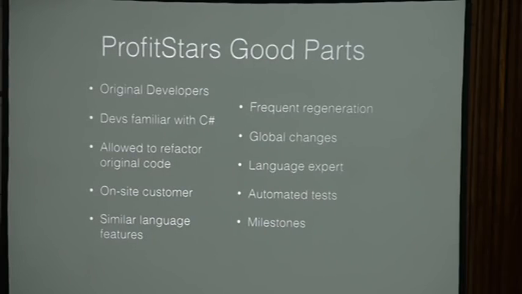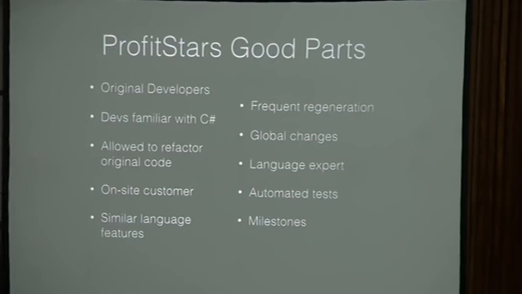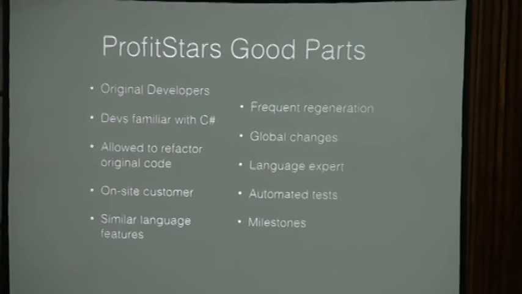So, some of the good parts about the project, some of the things that went well. For a project that is like 20 years old, they still had 2 or 3 of their original developers, or developers old enough that they knew the original developers. Unlike a lot of projects I've worked on where none of the developers are around and the developers currently maintaining it don't know anything about the system.